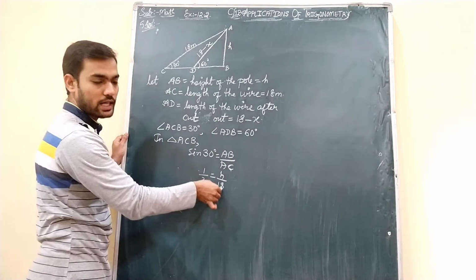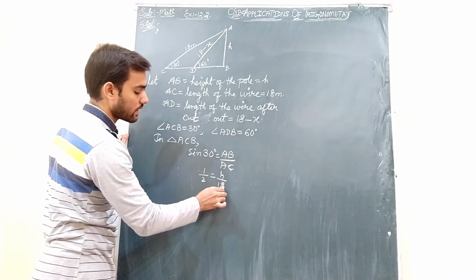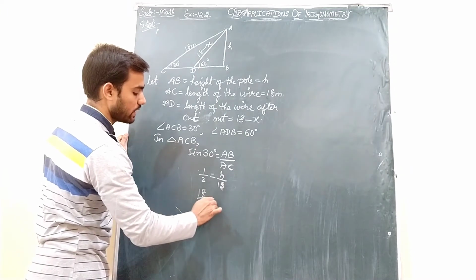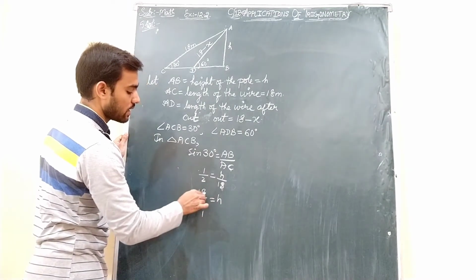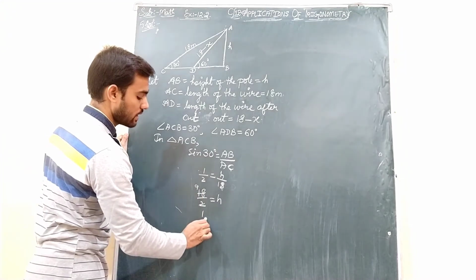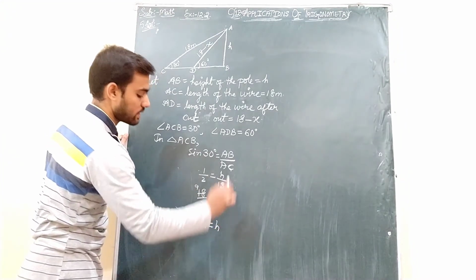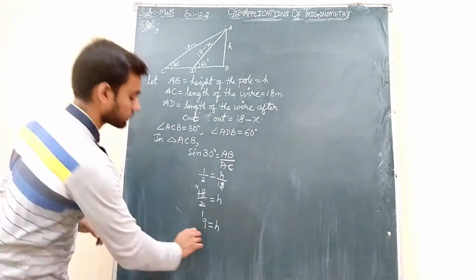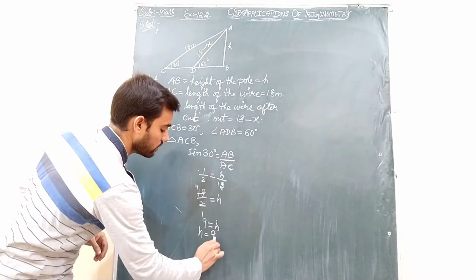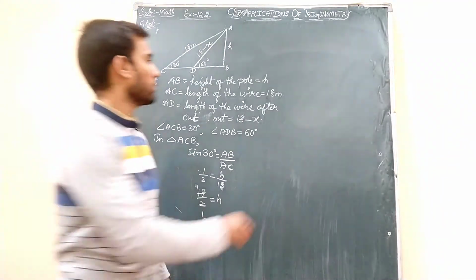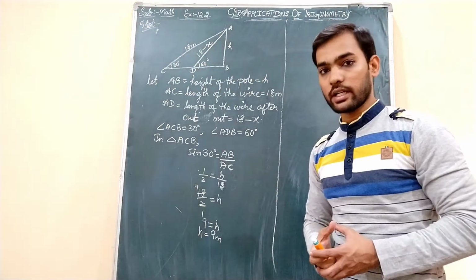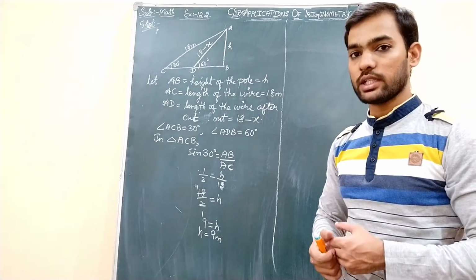This is in division, I transpose it to this side. So 18 divided by 2 equals h. 2 nines are 18, gets cancelled. 9 equals h. H value I got as 9 meters, students. So now I'll write h equals 9 meters. But we don't require the height of the pole. We want how much length of the wire was cut out, which is nothing but the x value we need to calculate.